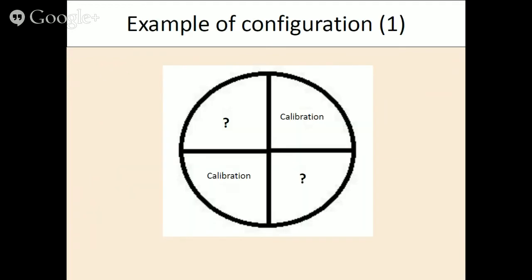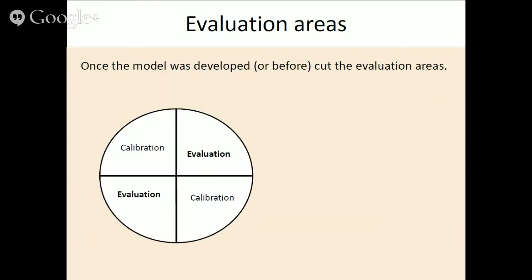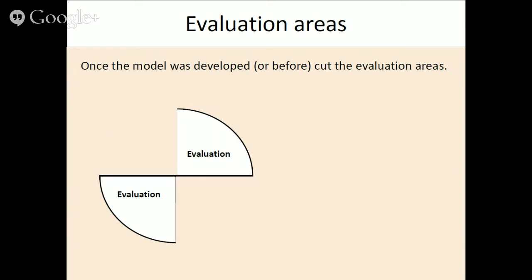Once we establish the occurrence points, we can cut the study areas to choose one for calibration and another for evaluation. What I'm saying is that we are going to choose the evaluation areas, and then we are going to cut those evaluation areas, trying to look for areas that are not including points used for calibration, only points that we have saved and that we are going to use to test the model.